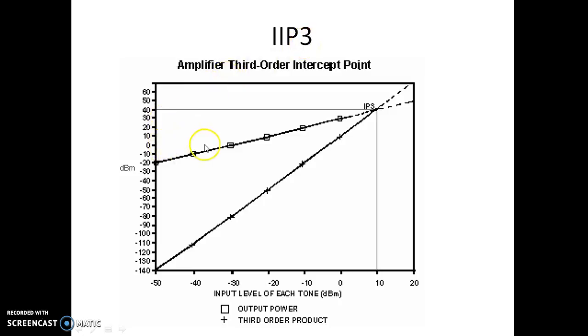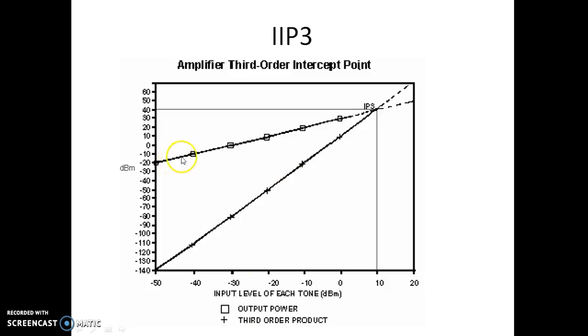Let us consider the y-axis in terms of output power, which is specified in dBm. We will find out what dBm is and how dB is different from dBm. We have an input level again in terms of dBm. The line with a square is the actual output power, and the one with a cross is the third order product.